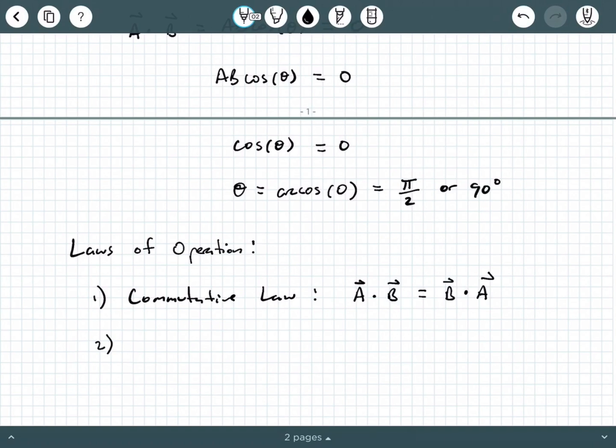All right. The next important law is scalar multiplication.